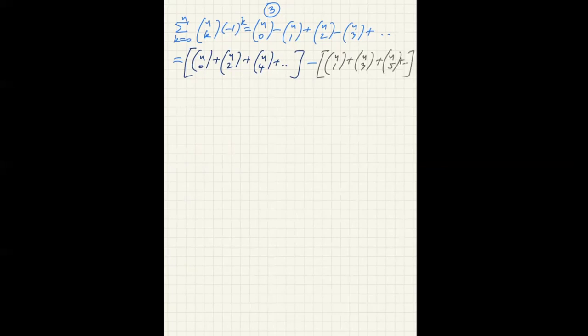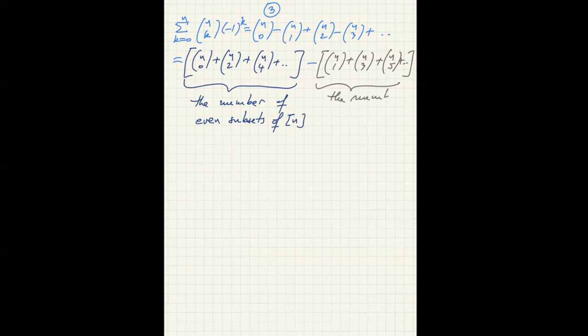Now, if you are a bit careful, you can notice that on this side, all the elements at the bottom are even. So essentially, what is this counting? This is the number of even subsets of a set with n elements, even cardinality. And here we have the number of odd subsets of the set from 1 to n.